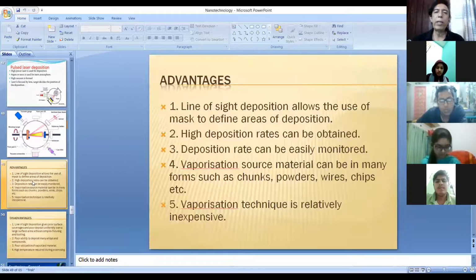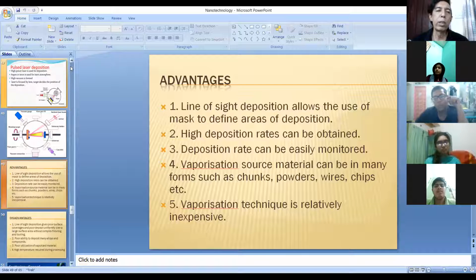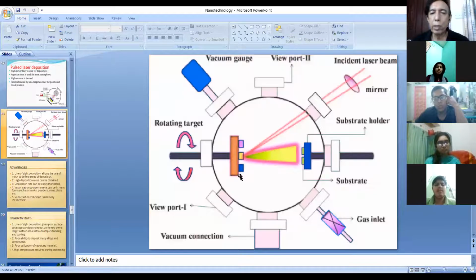Now, the advantages and disadvantages of this vapor deposition. Line of sight deposition allows the use of mask to define areas of deposition. What is line of sight deposition? You see, here is the target material and here is the substrate.